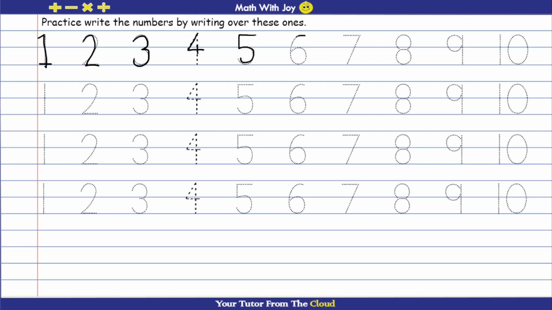Then we start from the top with the 6. We bend it all over until we come in. With the 7, it's very easy. Go to the right, and then you come diagonally like this. With the 8, you're going to have 2 circles going down like this. And then for the 9, you have a circle, and then you have a line like this. And then for the 10, we draw a 1 and a 0.